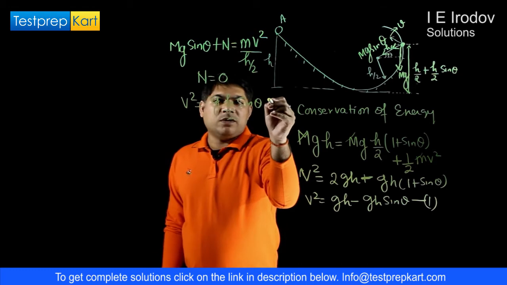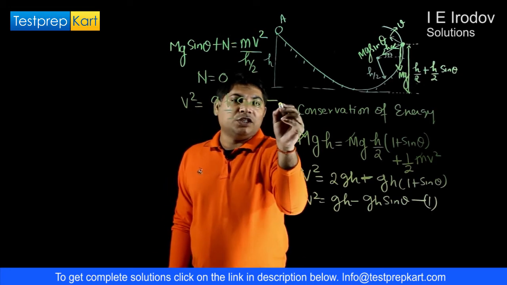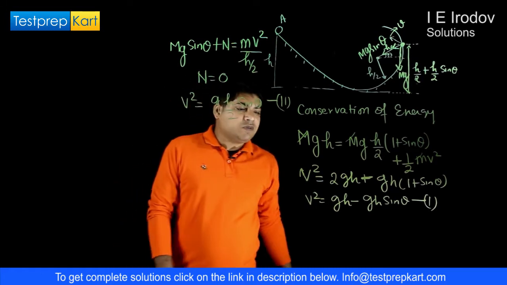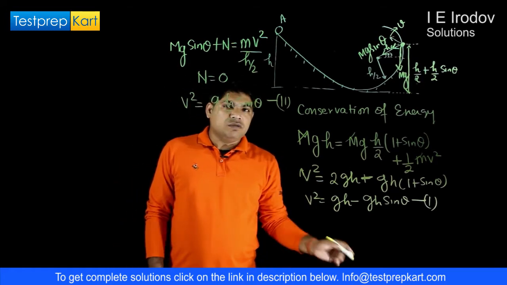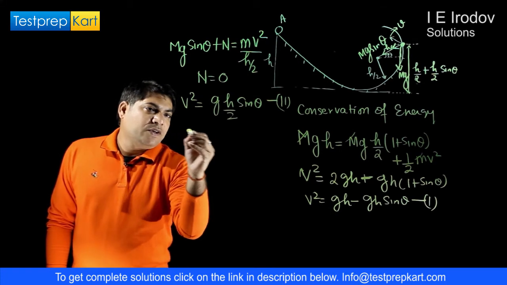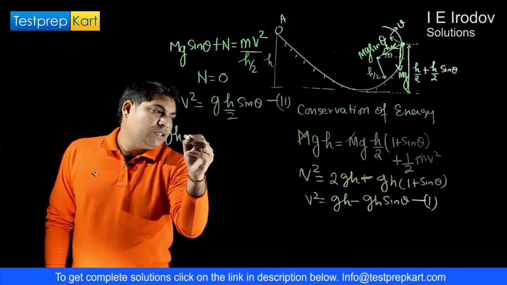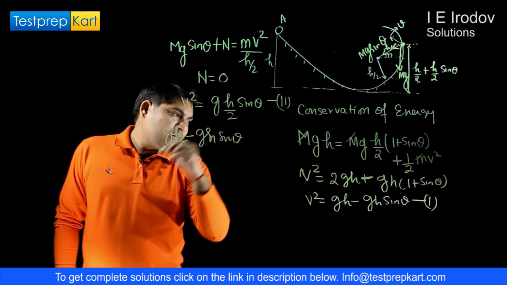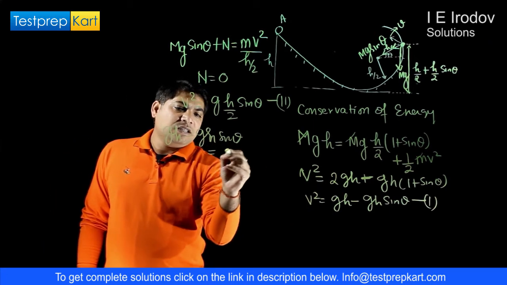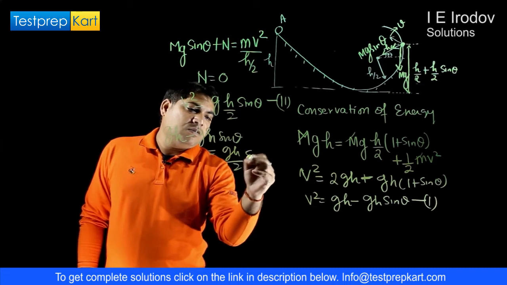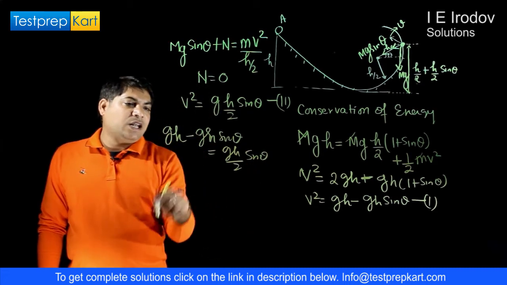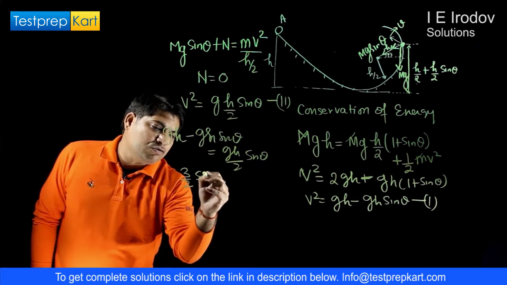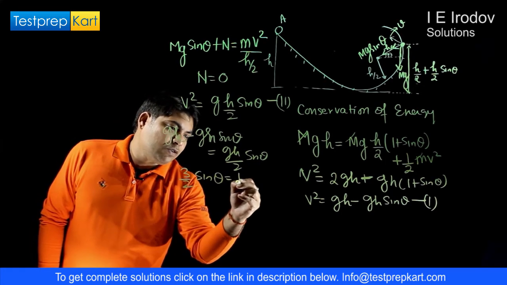So now we have two equations related to v square. We can equate equation number 1 and equation number 2. So if you equate, you get gh minus gh sine theta from the first one is equal to gh over 2 sine theta. This gh term will get cancelled out, and from here we get 3 by 2 sine theta is equal to 1.